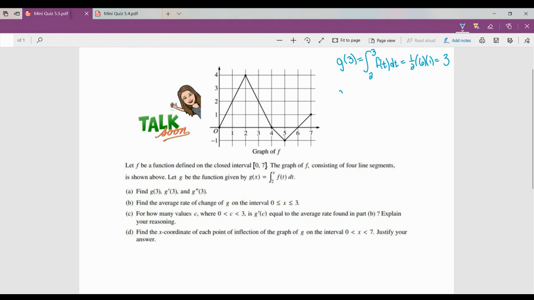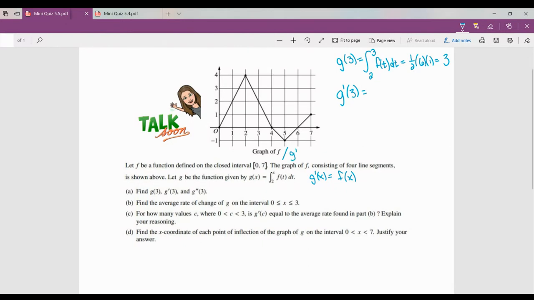All right, now we have g prime of 3. So we have to take the derivative of g of x. So g prime of x is going to equal, derivative of the antiderivative is going to be a function inside, f of x, and we substitute in that bound. So this is the graph of f. It's also the graph of g prime.